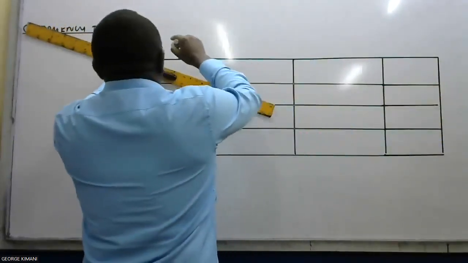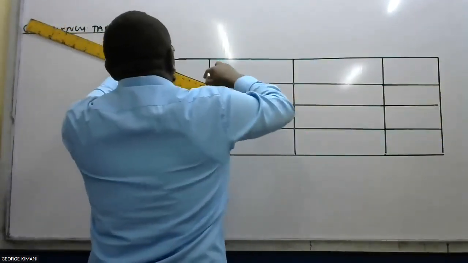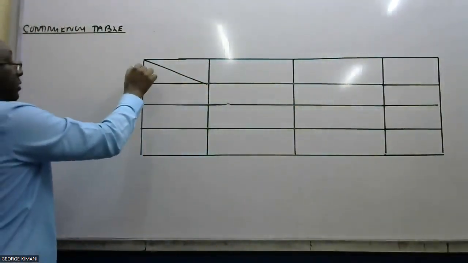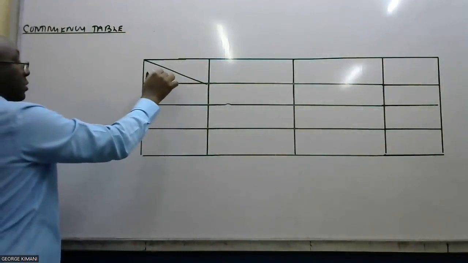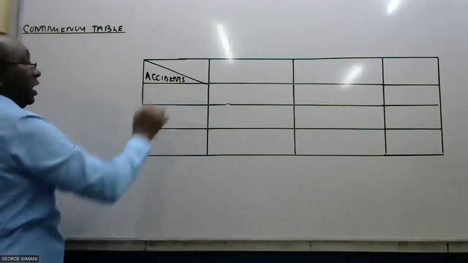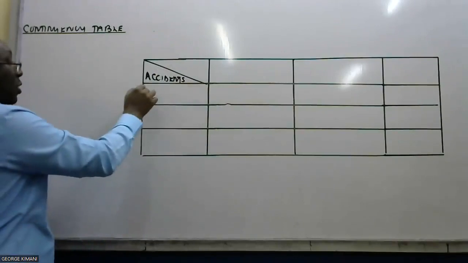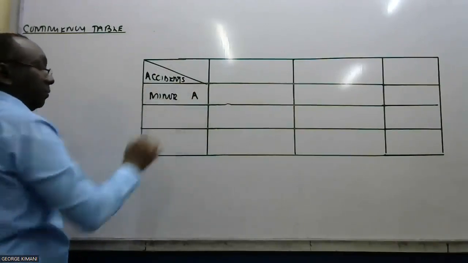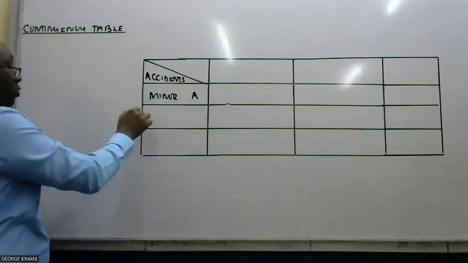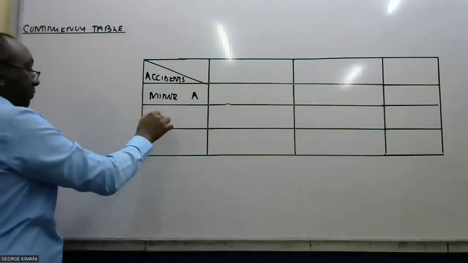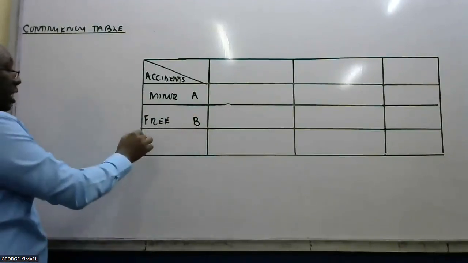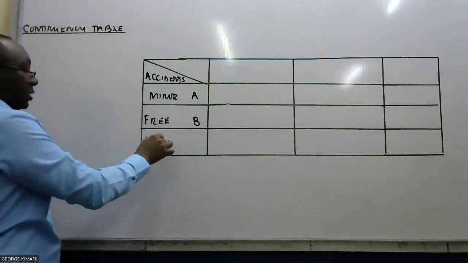Now the question is about two things. One is about the accidents. There are those who had minor accidents, I want us to call them A. There are those who are free of accidents, and I want us to call them B. Then obviously we will have the total.